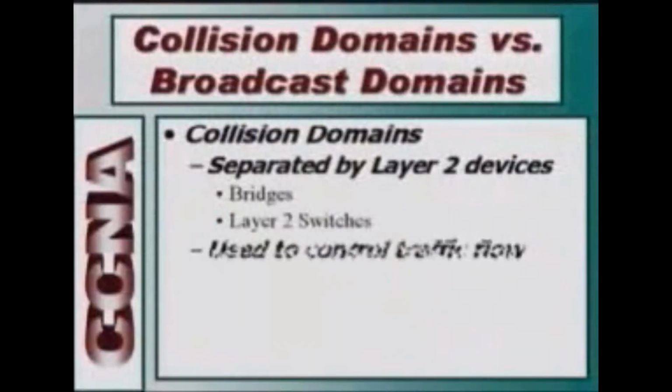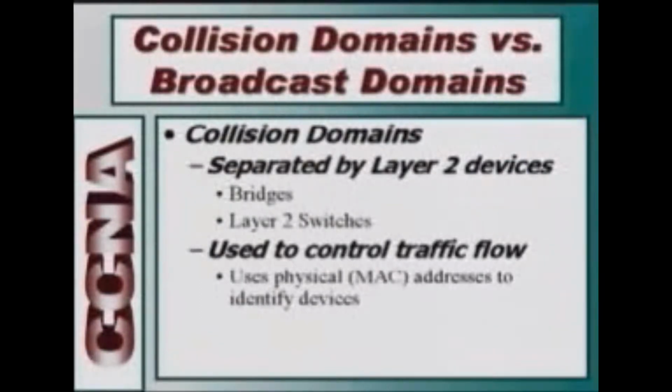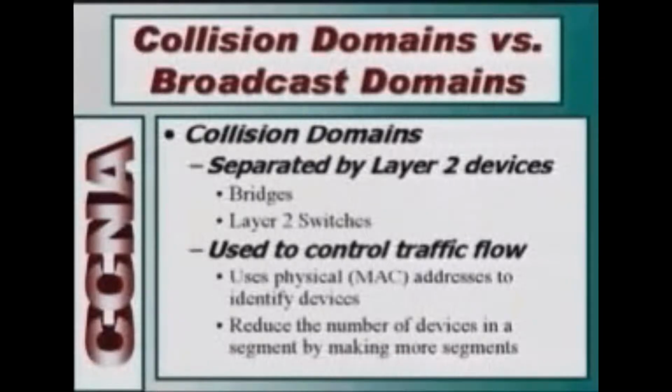But at the data link layer, remember, all we have is a physical address. We don't have a logical address at all. So we use the physical address to divide those networks, and we create network segments. We reduce the traffic on each segment because we create more segments. So that's one way to do it.